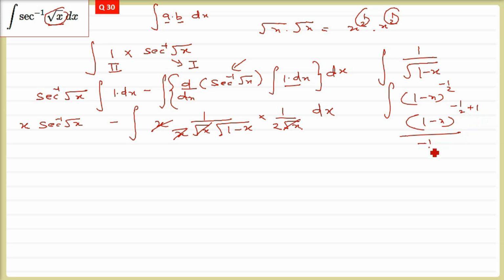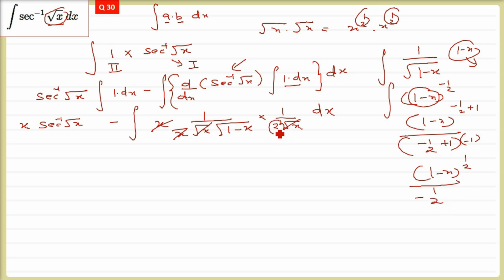When you integrate it, 1 minus x to the power minus half plus 1 divided by minus half plus 1, with simple integration logic. But 1 minus x, which is inside, is to be differentiated. It will give you -1, and that has to be divided. So 1 minus x differentiation is -1, and that also has to be included. So -1 here, and 1 minus x to the power half here. -half plus 1 is half, and negative is already there.